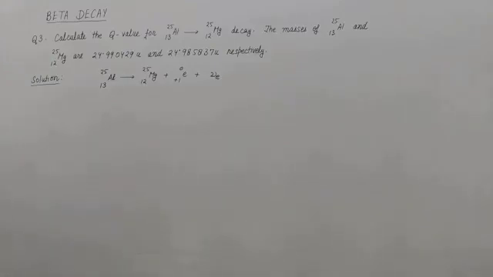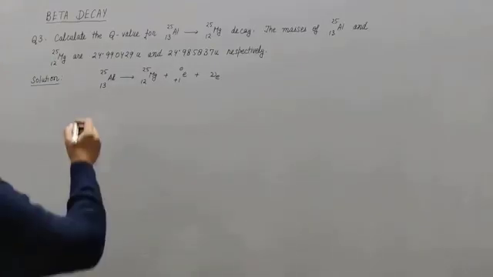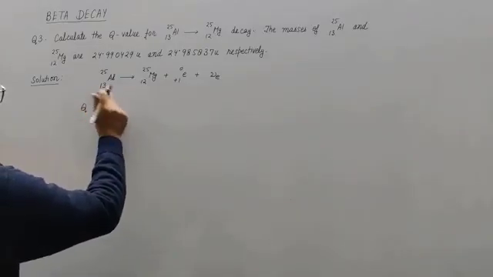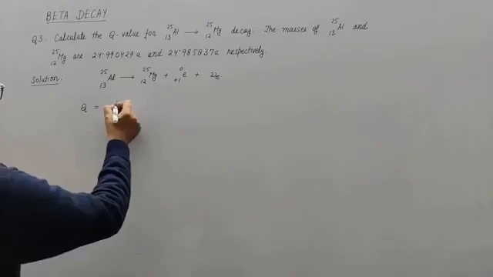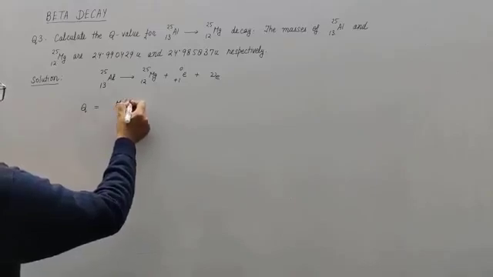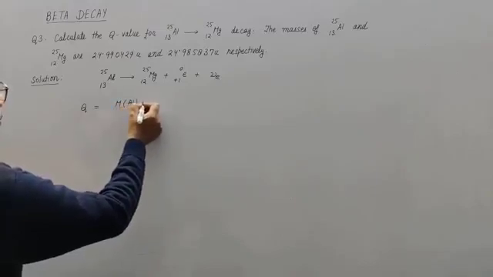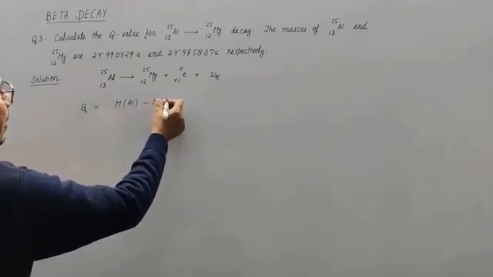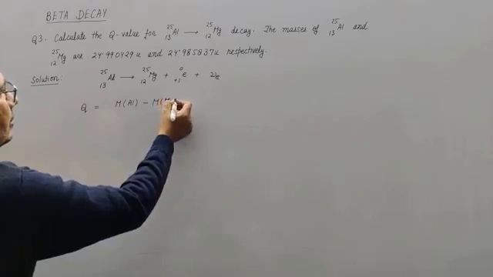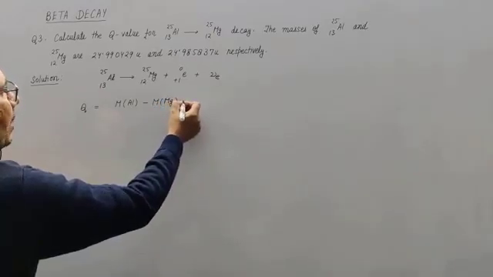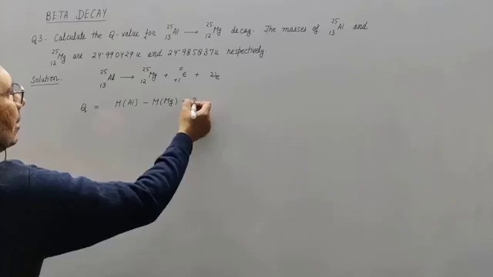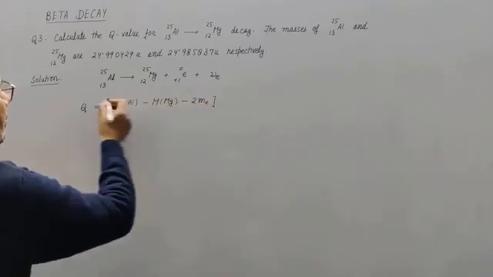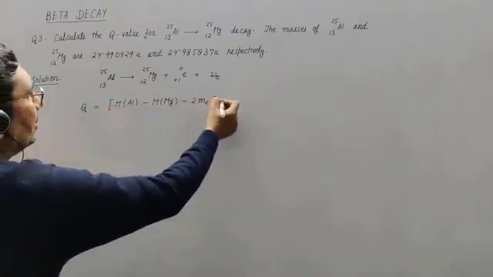For positron emission or beta plus decay, the Q value is given by the mass of the parent nuclei. So here this will be the mass of the aluminium nuclei minus the mass of the Mg nuclei, minus 2 times the mass of the electron, and multiply this by c square.